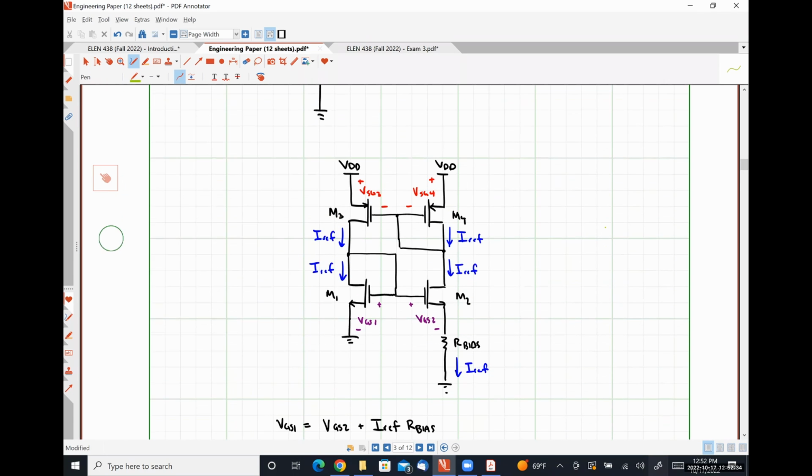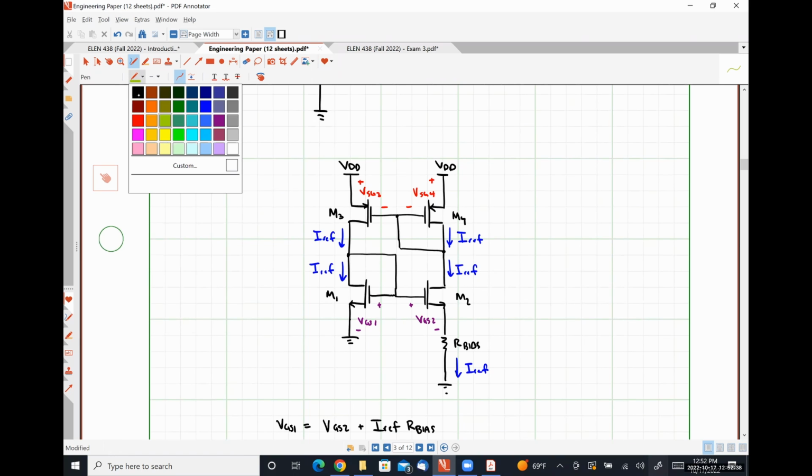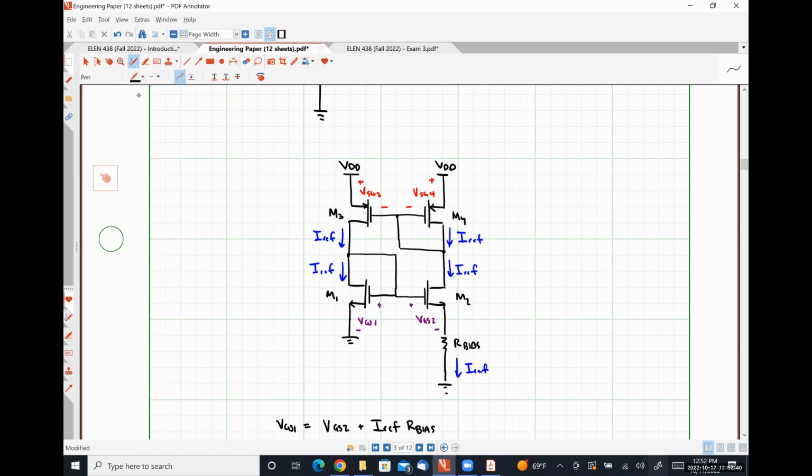Let's talk about a couple of other useful things this guy does. So we can use it to bias, assuming the gate of M4 is tied to the gate of, let's call this M6.